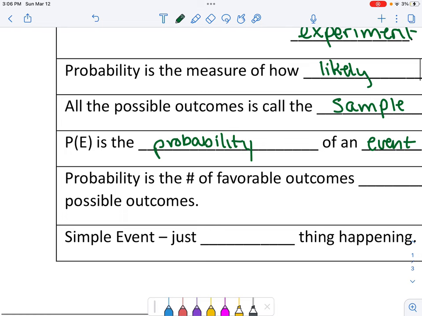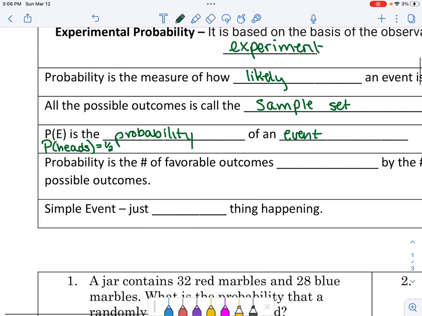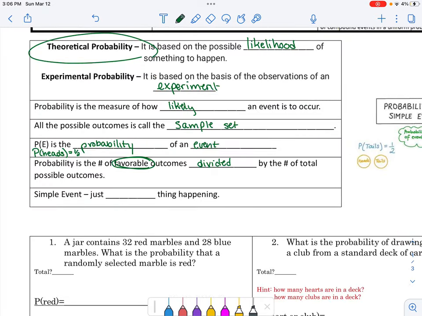So, for example, if you write P and then the word heads, that's like you're flipping a coin and asking, what's the probability of getting a heads on a coin? Well, it's 1 out of 2. So probability is the number of favorable outcomes, things that you actually want to happen. And it's a ratio, so you divide. So it's divided by the number of possible outcomes, okay?